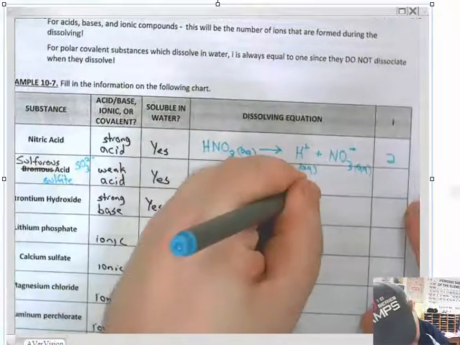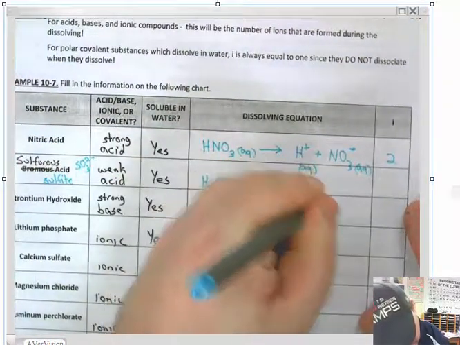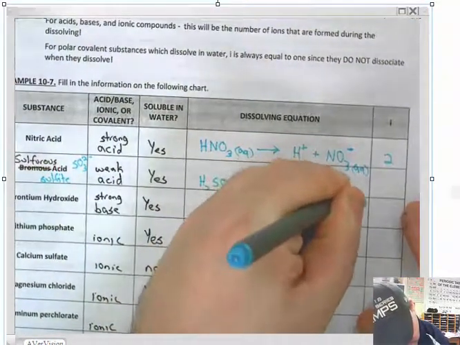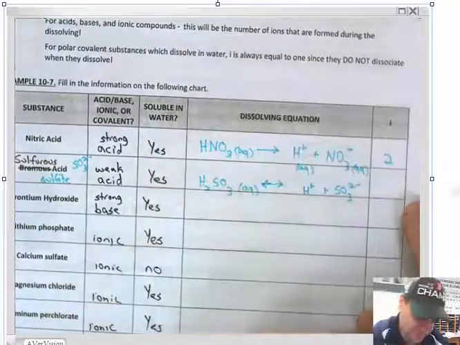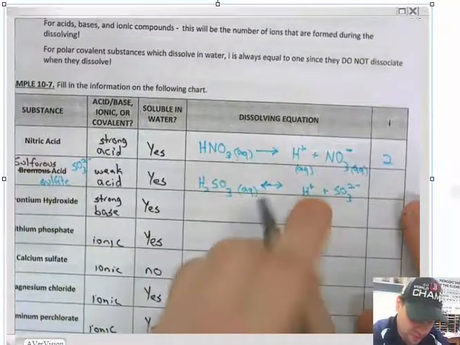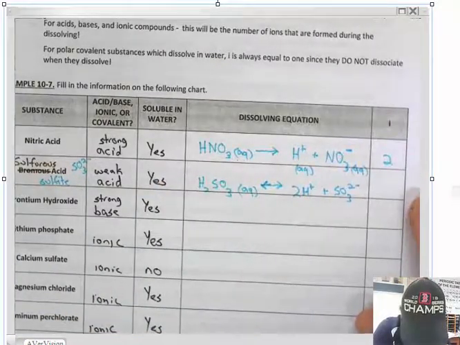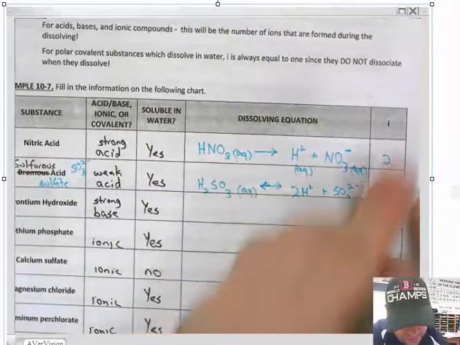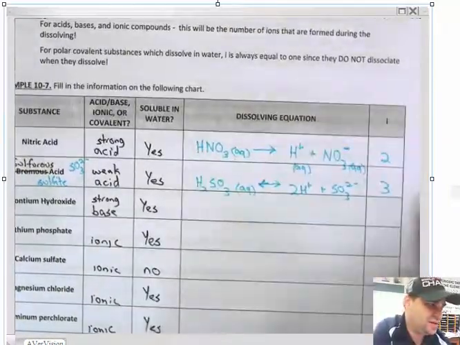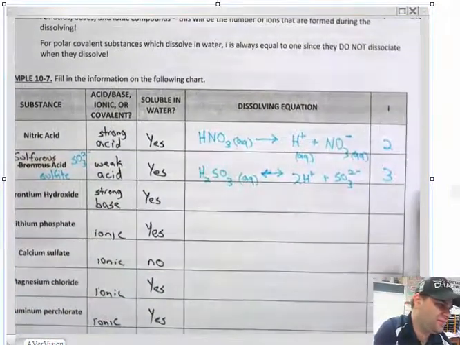What ions is this going to separate into? H plus and SO3 2 minus. Now there's going to be a big 2 in here because this is not a diatomic ion. 2 plus 1 is 3 ions.